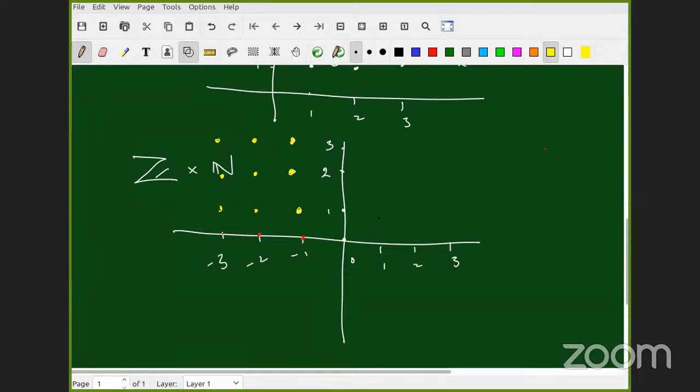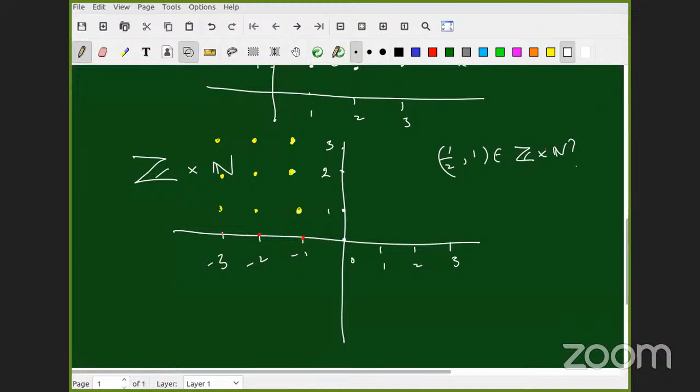1/2, 1. Whether it will come? Whether 1/2, 1 belongs to Z cross N? All of you answer. I'm clearing all your feedback. Quick.